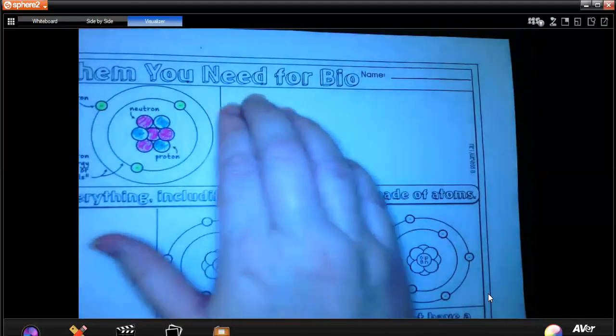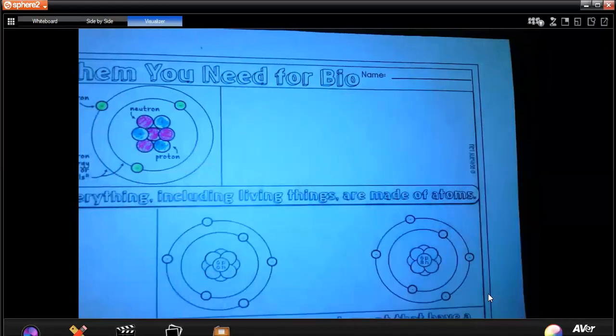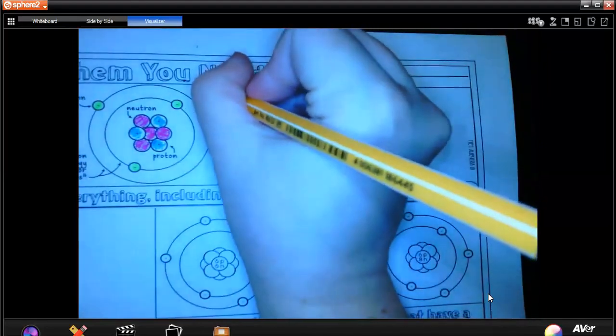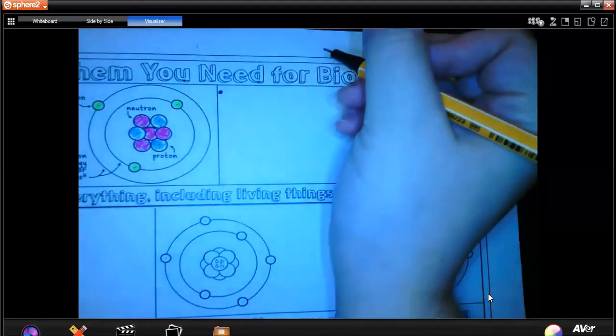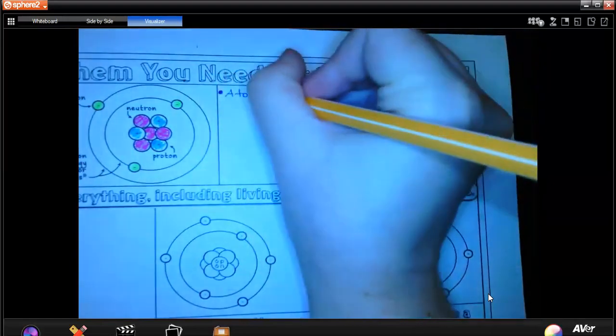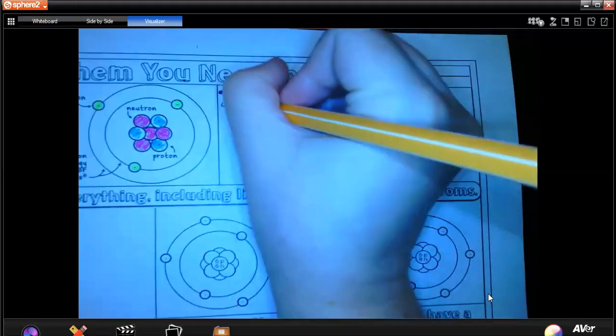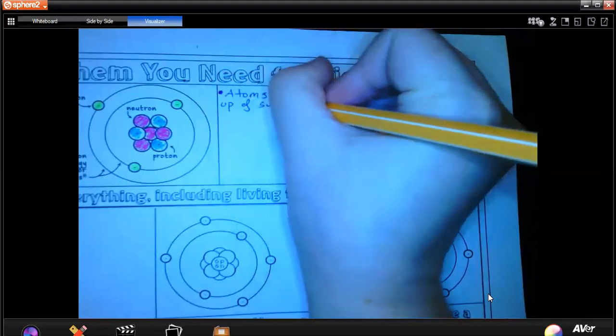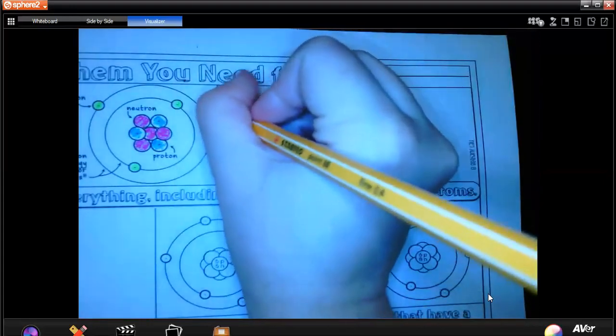So let's write some information alongside our atom here for you to know about. First, this little bullet point here: atoms are made up of subatomic particles.